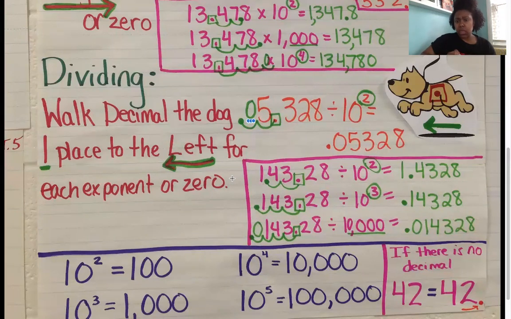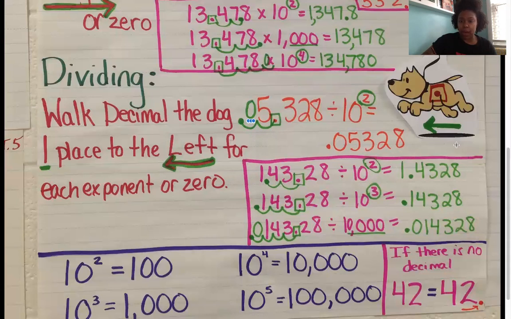So that's what she did, and then you can see that the answer right there is 0.5328 10,000ths, or 0.05328.